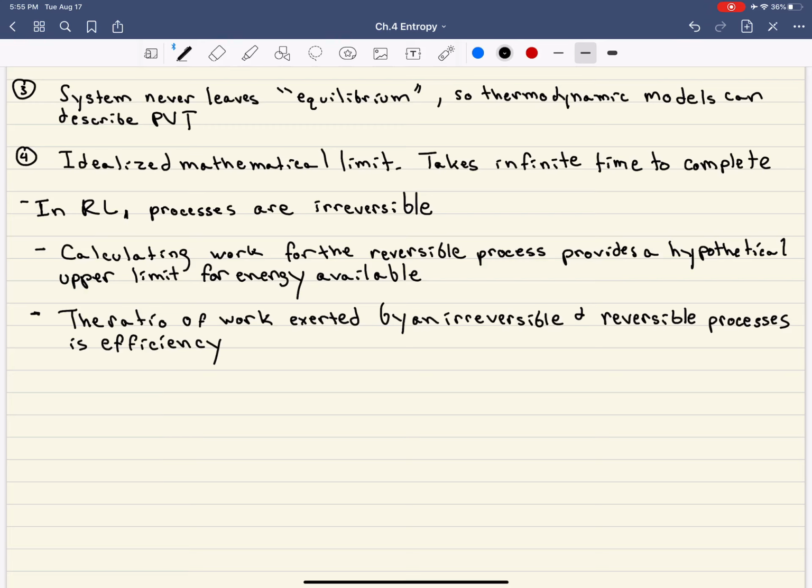So whenever we say how efficient is a process, that's what we're talking about. We're comparing the irreversible path to the reversible path.